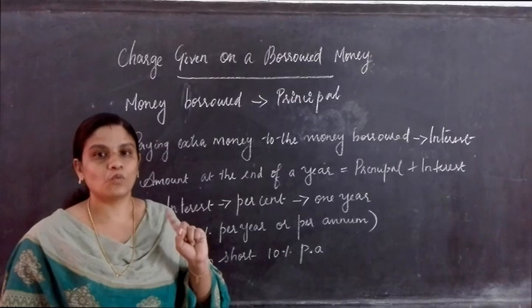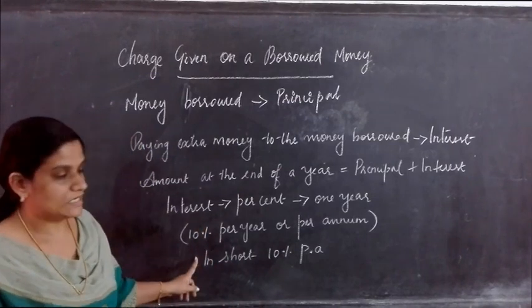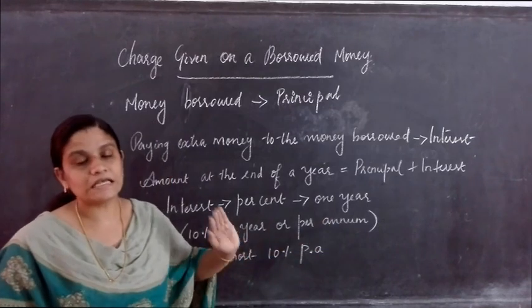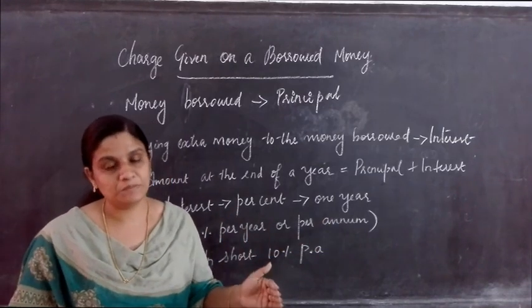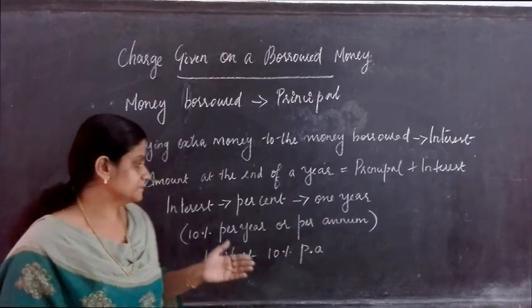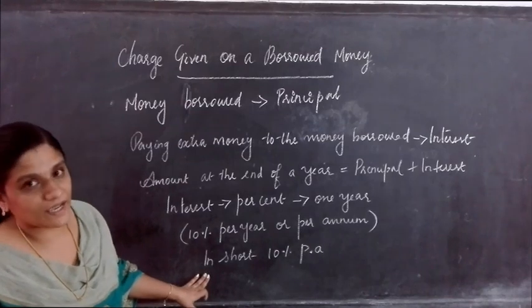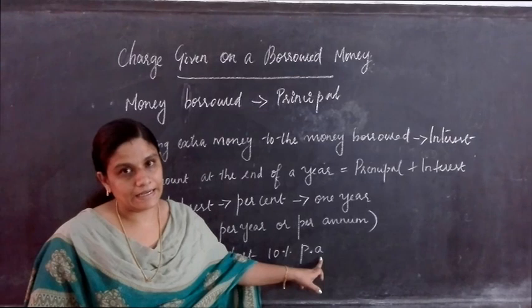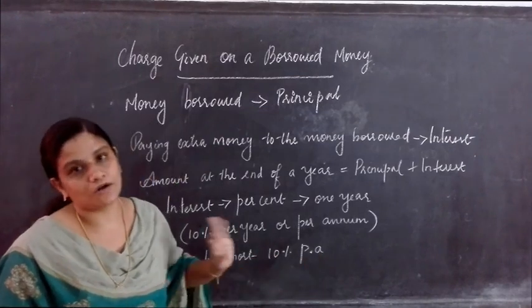That is, for 1 year 10%, or per annum. We can call it per annum. The meaning is per year. In short, we can write it as 10% per annum.